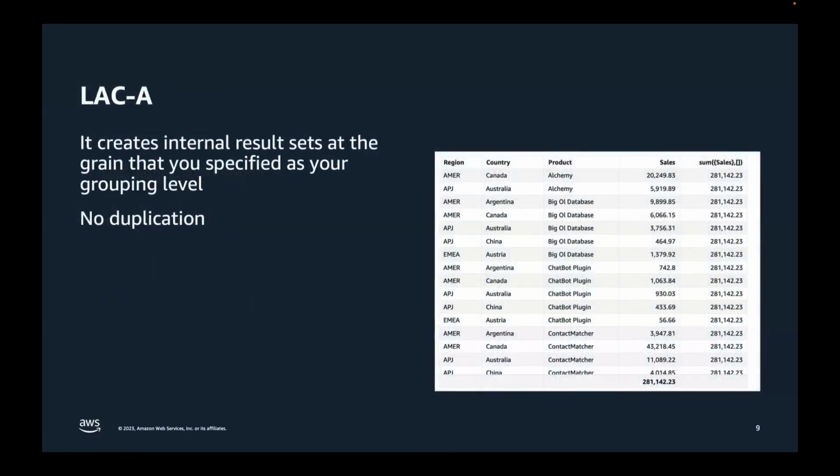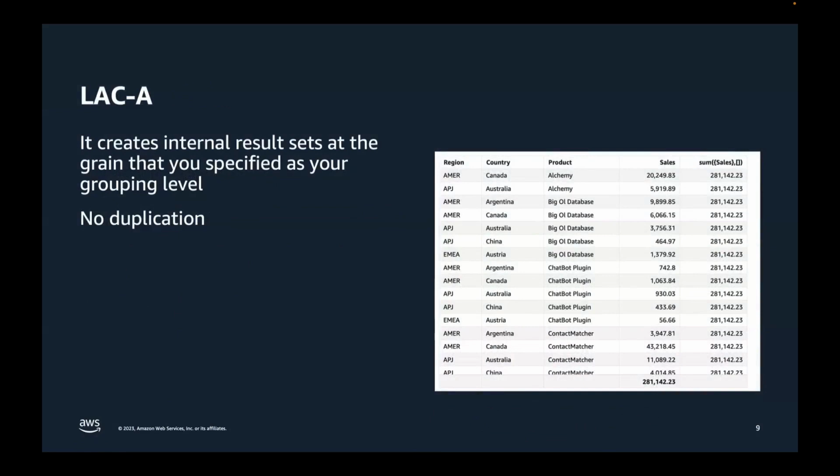So for the LAC A function, it creates an internal result set at a grouping level that you specify. We will see this in action as we get into the demo. It handles the visual level aggregation implicitly.